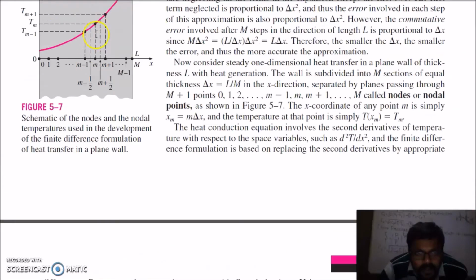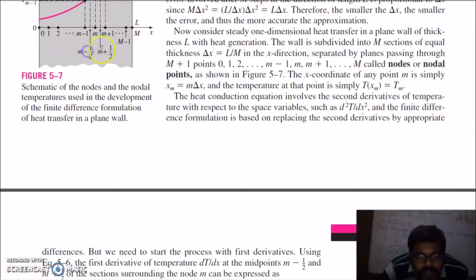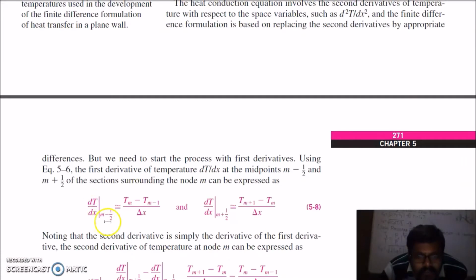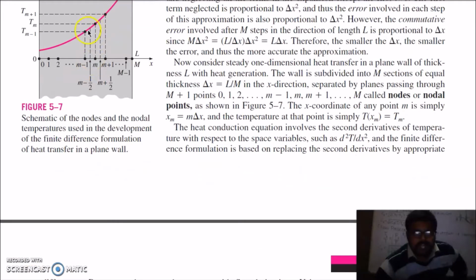So this is your midpoint here, which is m, and these will surround this m, and this is your del x here. dT/dx at m minus 1/2 is equal to, so this derivative here will be represented by (T_m minus T_{m-1}) divided by this distance, which is del x.